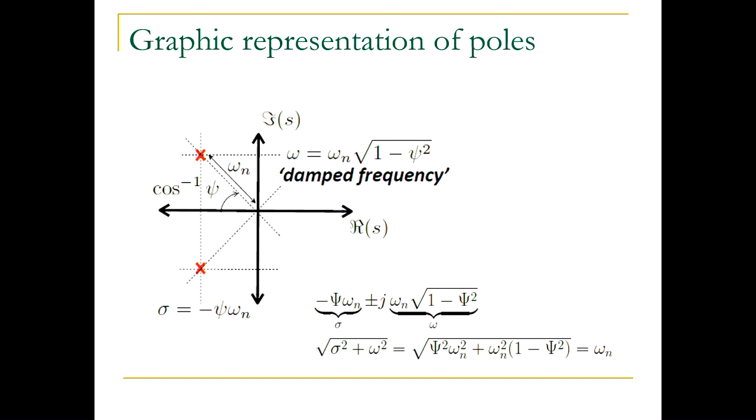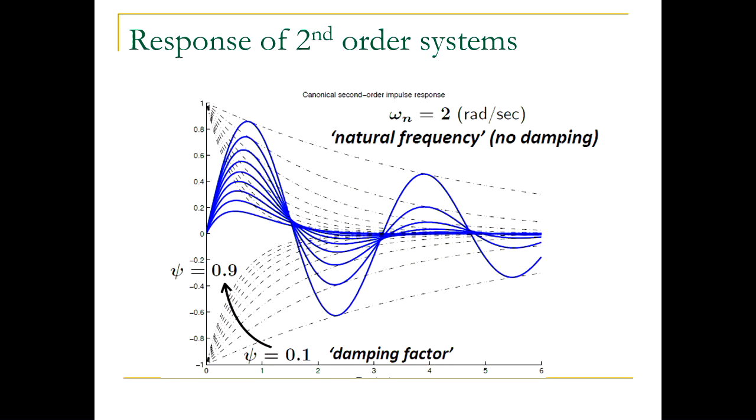So how does this translate into the responses? What's plotted here is that I chose omega n to be 2 for all of these. The natural frequency is the same, meaning the poles are always the same distance from the origin. The pole sits here, the origin is here, so I'm basically looking at poles on a circle. They are always the same distance from the origin, and I'm just changing psi, which is basically the angle.